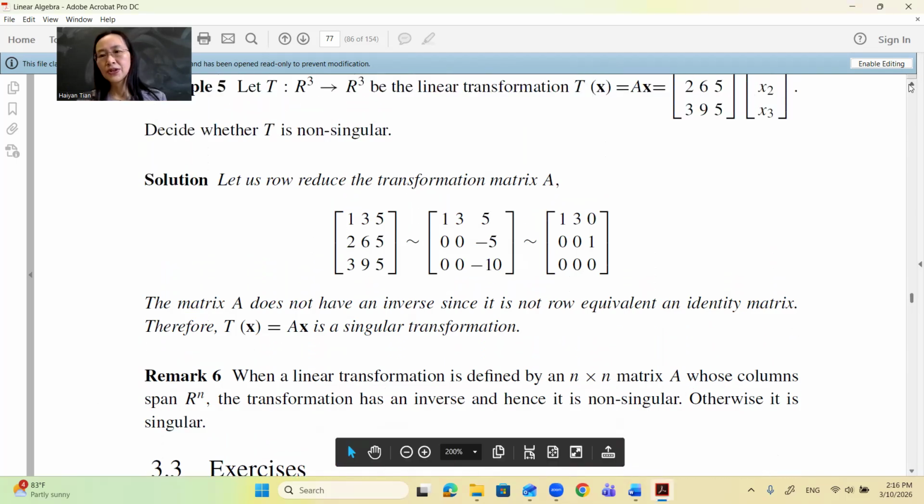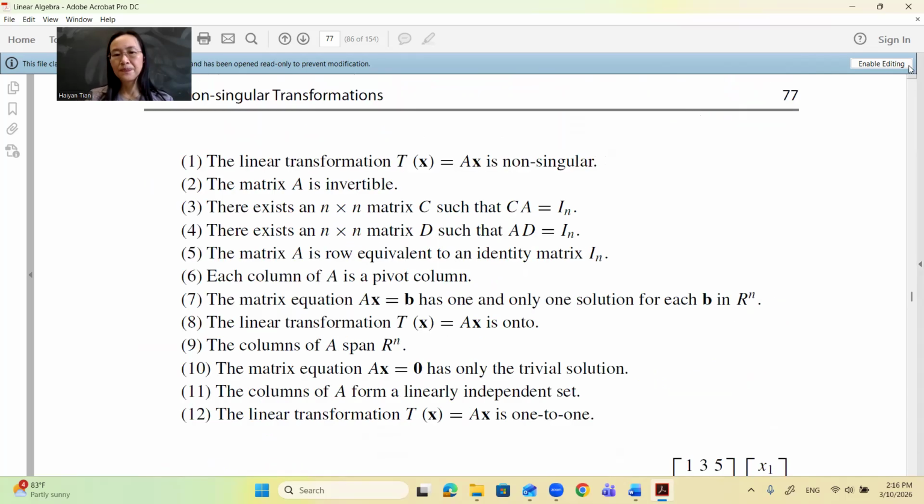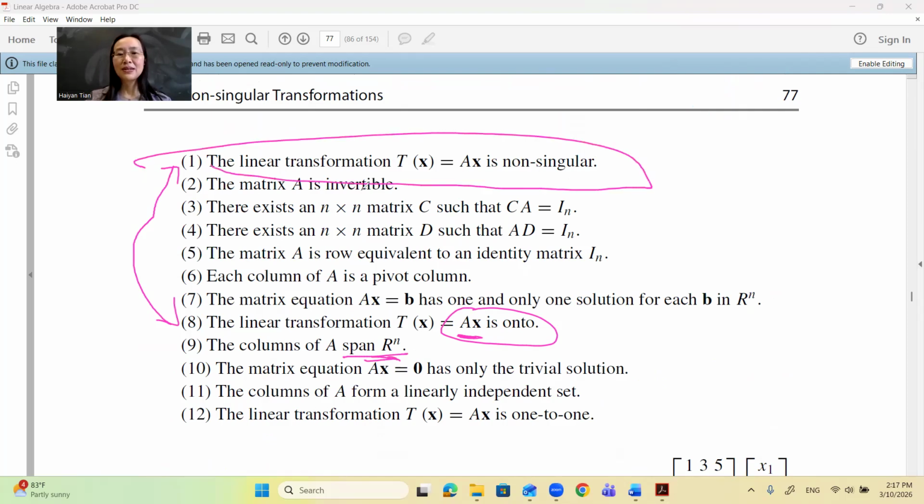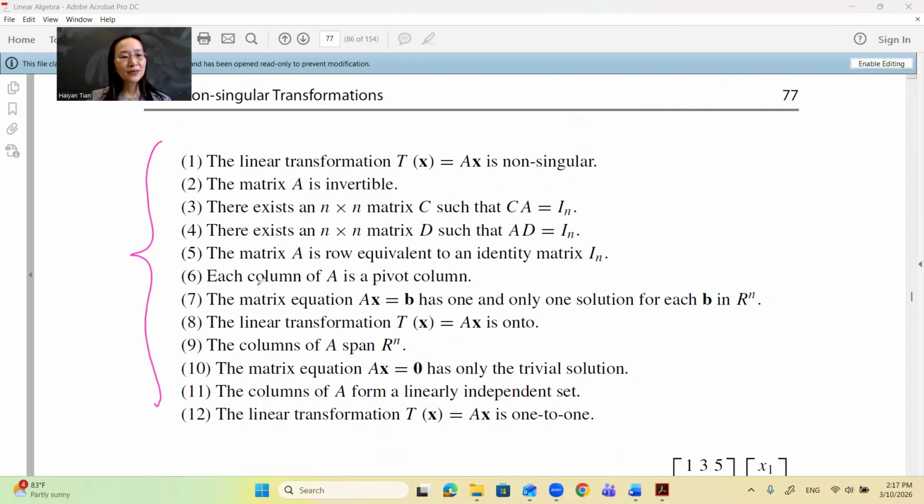So I mention again the statements that I mentioned earlier. If it's onto, it's also equivalent to non-singular. So they're all equivalent. You just see whether the columns of A span the entire space Rn, then you can tell it's non-singular. So all this can be used to tell from one property the other property. Okay, that's all for now.